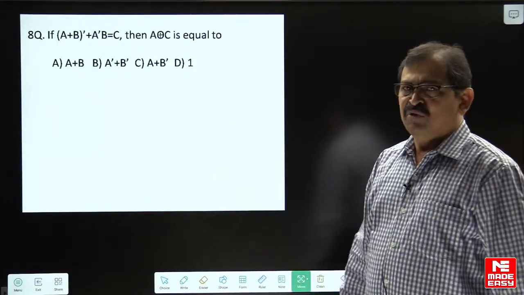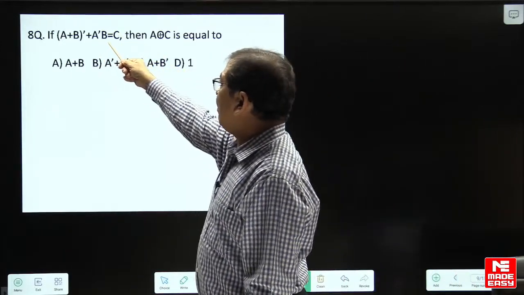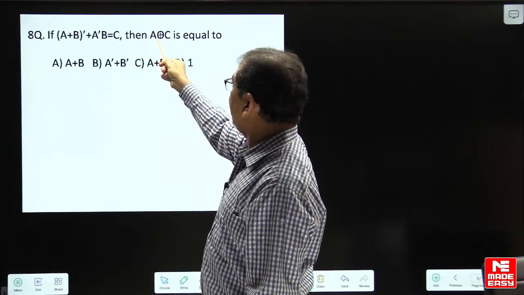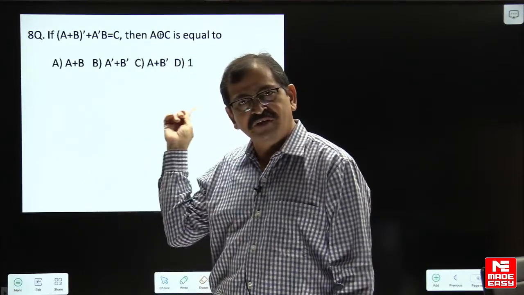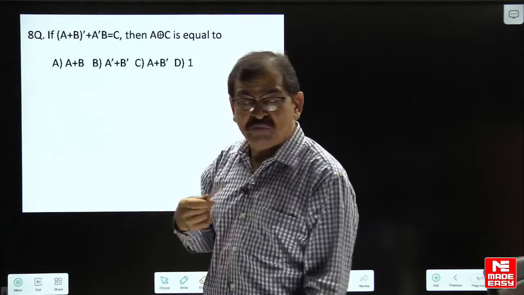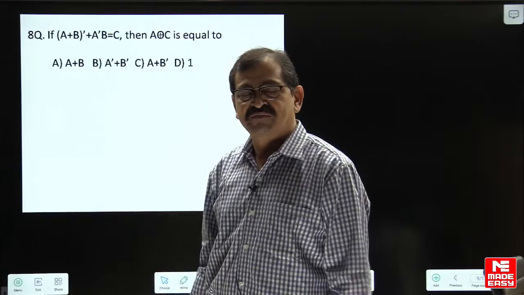It is related with the Boolean algebra work. If A or B complement, OR with A complement B, is equal to C, then A exclusive OR C is equal to what? It is the question. Hopefully it is a simple question. Almost everybody, even non-medical students, may be able to answer this question. So try fast.